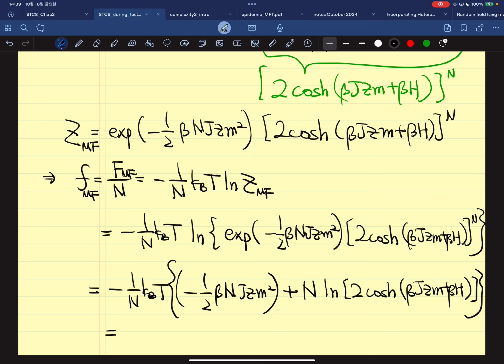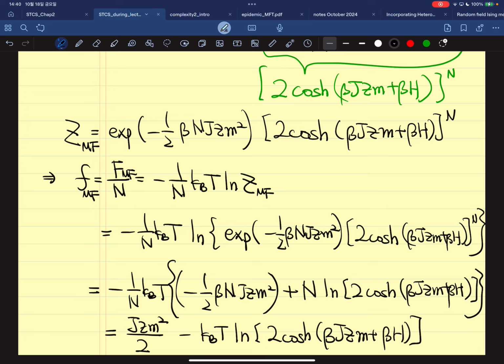And beta times kBT is of course 1, and this minus and minus become plus. So this becomes simpler, and n is cancelled out here. So minus kBT and log of this one.